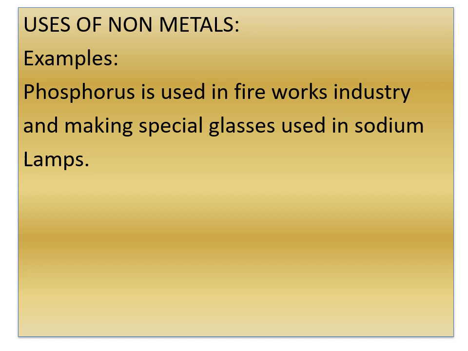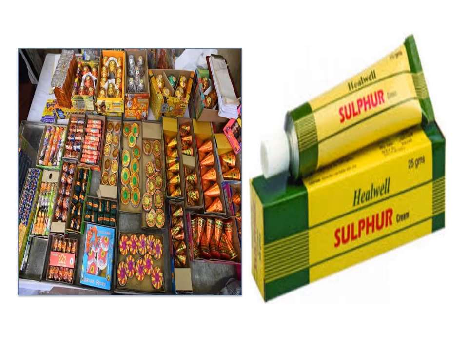Nowadays, instead of sodium lamps, they are replaced with CFLs and LED lighting. In olden days, we used to find these sodium lamps in street lights. So these are the pictures where I told that sulfur is used in fireworks. Not only that, sulfur is used as an antiseptic ointment. So these two are related to non-metal uses, that too related to sulfur.